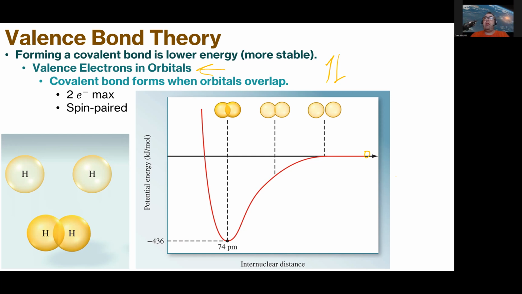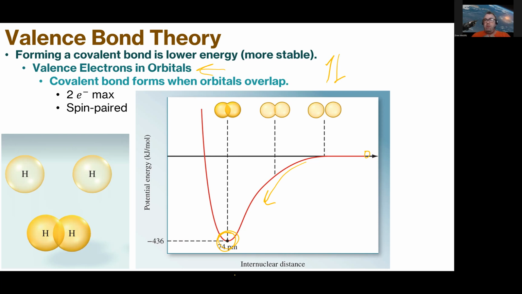And when they're sharing, they're fulfilling their version of the octet rule, right? Everybody has the right number of electrons that they want, and this is a lower energy situation.